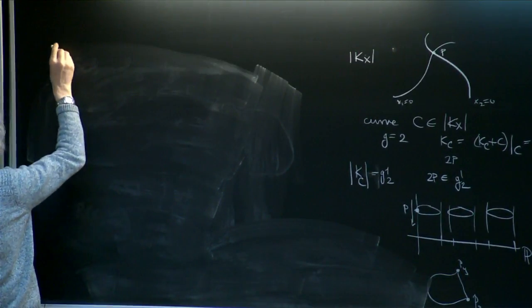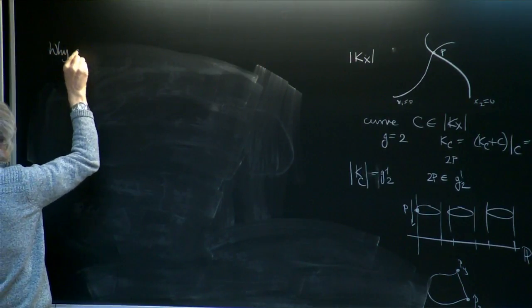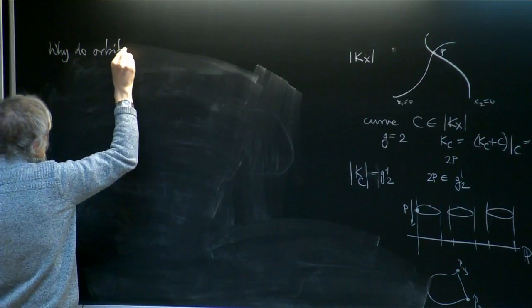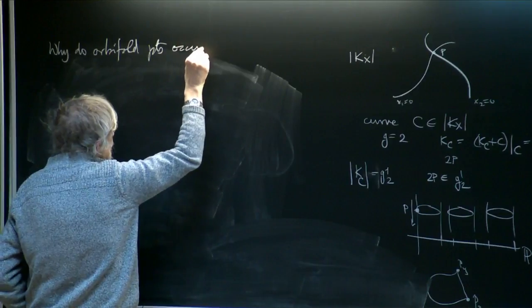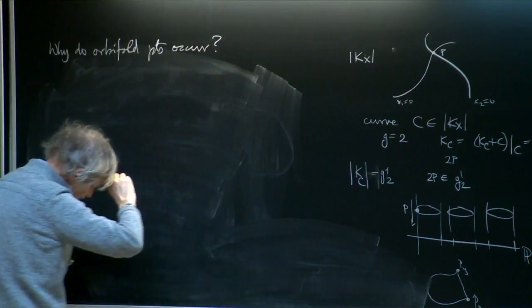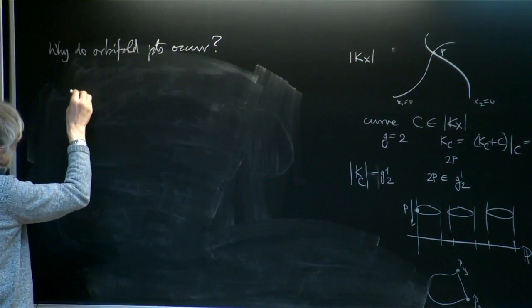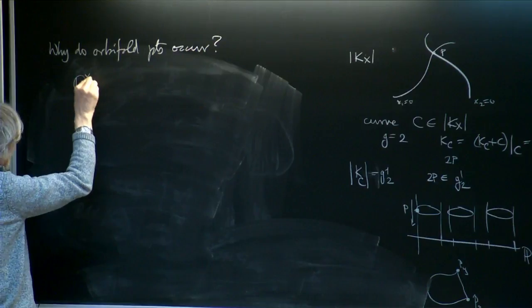So why do orbifold points occur? The point is that the group that's acting is C star, right?